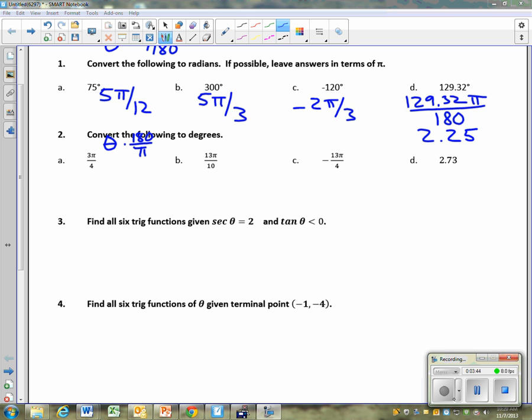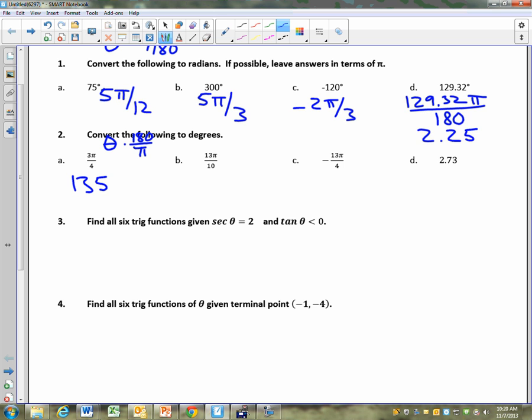Alright, so 3 pi over 4, what'd you get? 135. 13 pi over 10. 13 pi over 4, negative. Ooh. How about 2.73? Is that going to be greater than 180 degrees or less than 180 degrees?